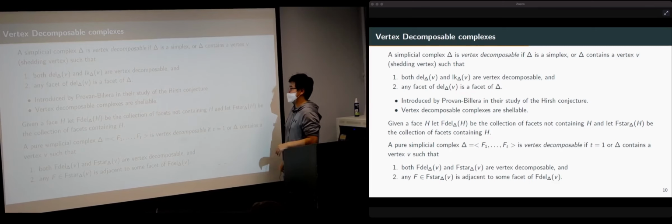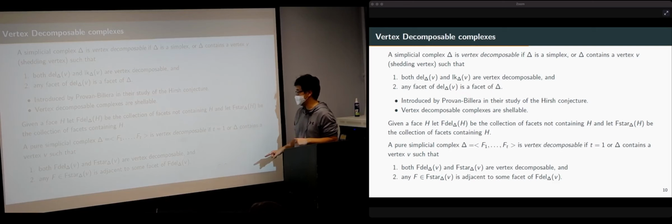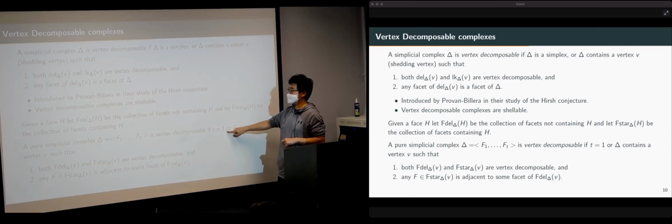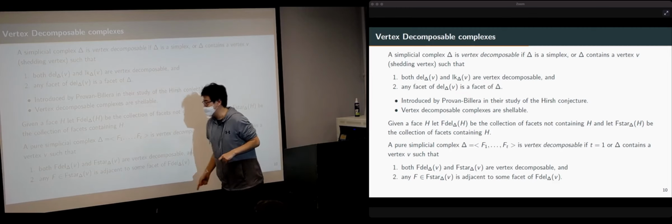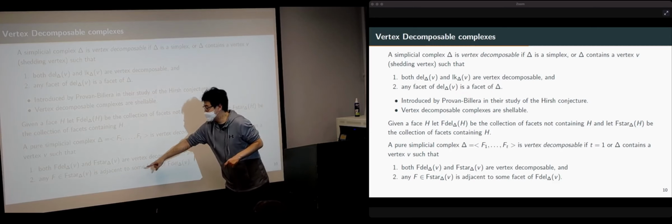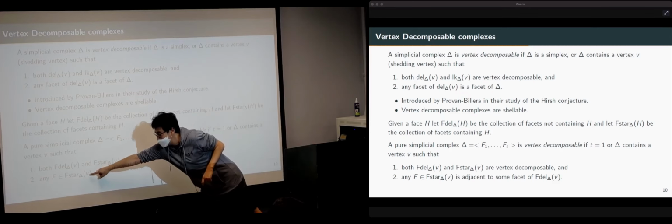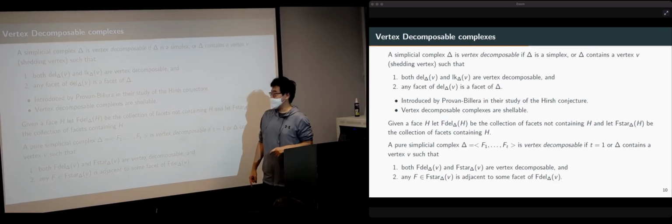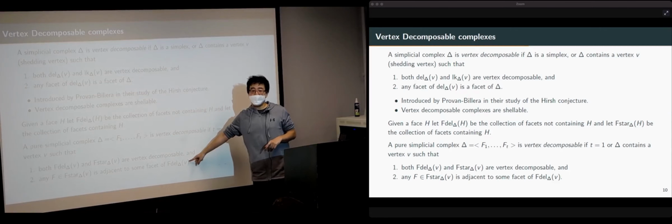Then, having this notion in mind, what is an alternative definition of vertex decomposable? It's when you either have just one facet, or you partition into two pieces, each of them vertex decomposable. And what is the interpretation of the gluing condition? Every facet containing the vertex has to be adjacent to some facet not containing the vertex.